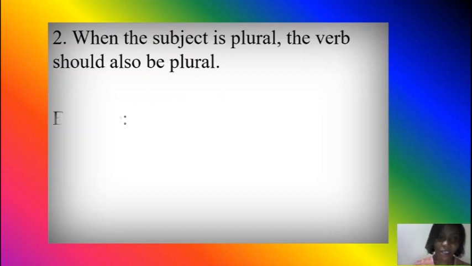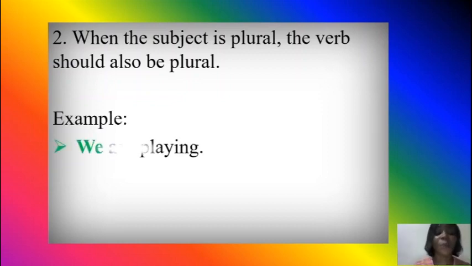Let's actually look at some examples here. Example 1 says, we are playing. As you can see, any word highlighted in green is a noun or a subject, while the ones in blue are verbs. We are playing.